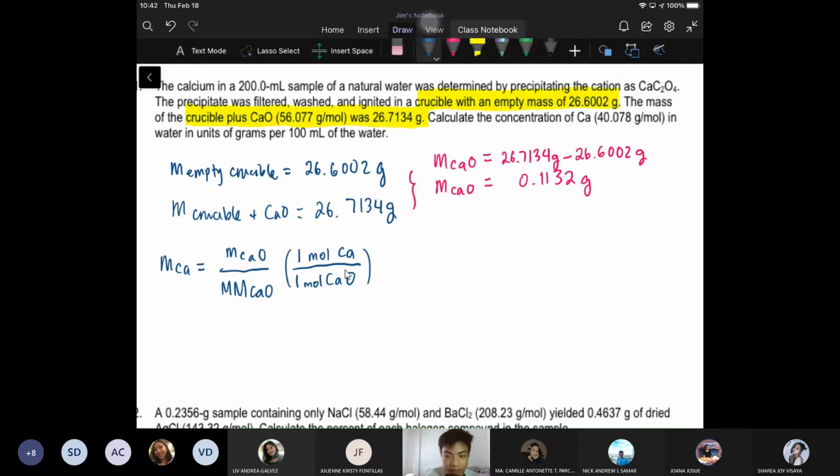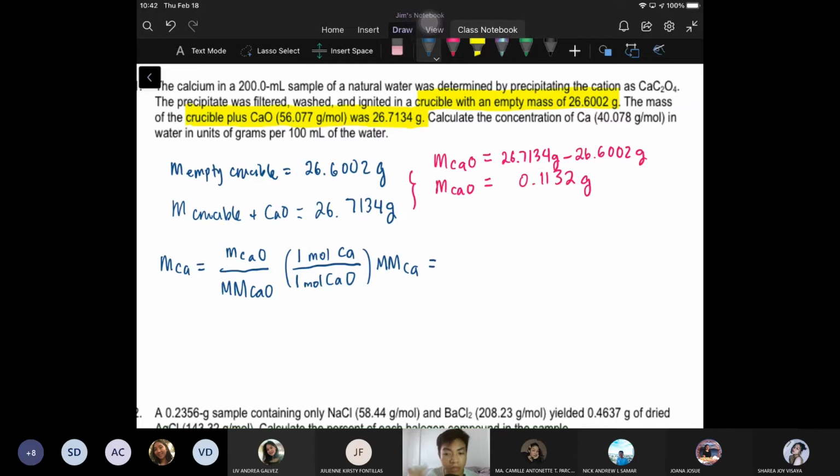Okay? So we are at this step. We now have moles of calcium. If you want to convert the moles of calcium to the mass of calcium, you just have to multiply it by its molar mass of calcium. Okay? So we have set up our equation.